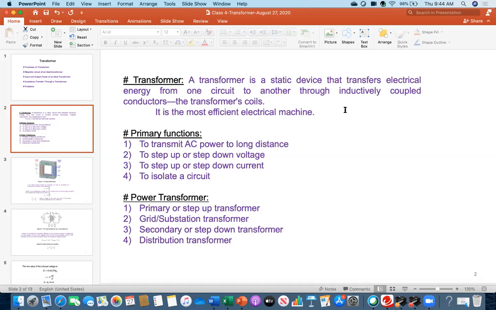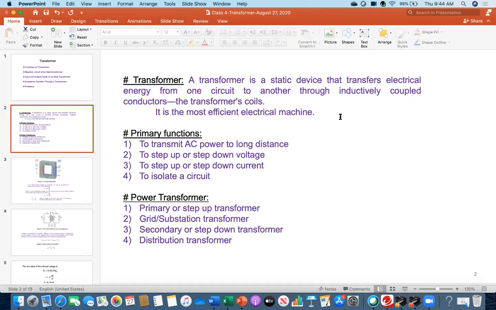There is no mechanical component here, which means there are no rotating parts. So there is no friction loss, windage loss, bearing loss, stray loss, or other type of loss. There is little resistance inside those coils, but that loss is almost negligible.